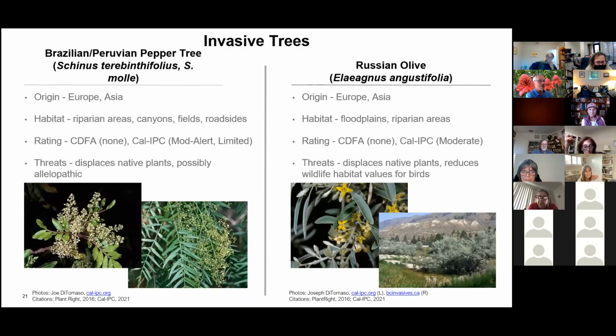Brazilian pepper tree and Russian olive may surprise some people because it's so commonly planted, in my opinion, but it also has taken over many wildland areas and is problematic, displacing native plants. Allelopathic means it puts chemicals on the soil that make it difficult for other plants to sprout.